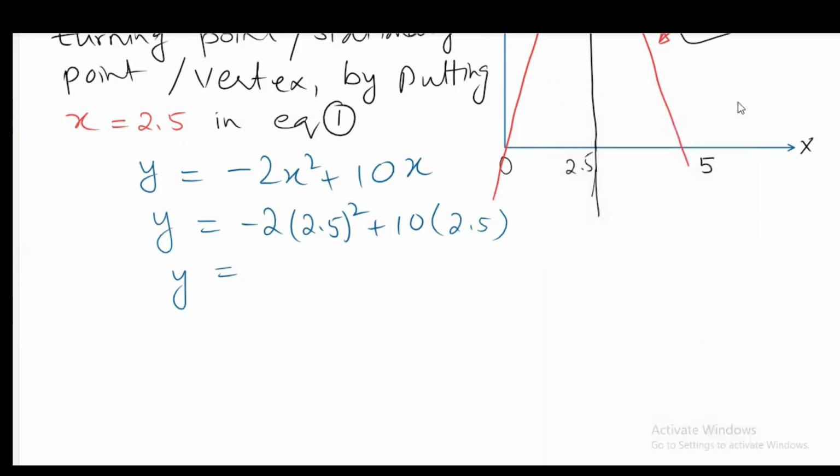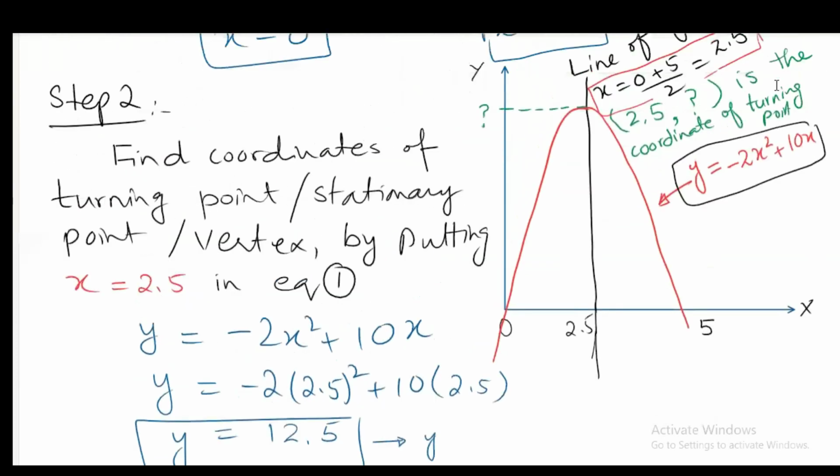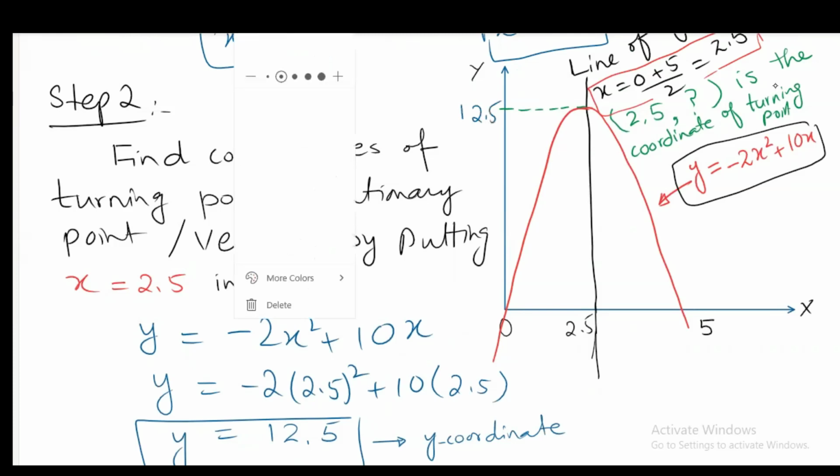So y equals 12.5 is the y coordinate of the turning point, or stationary point. So replacing this, it is 12.5 here. It is also 12.5.